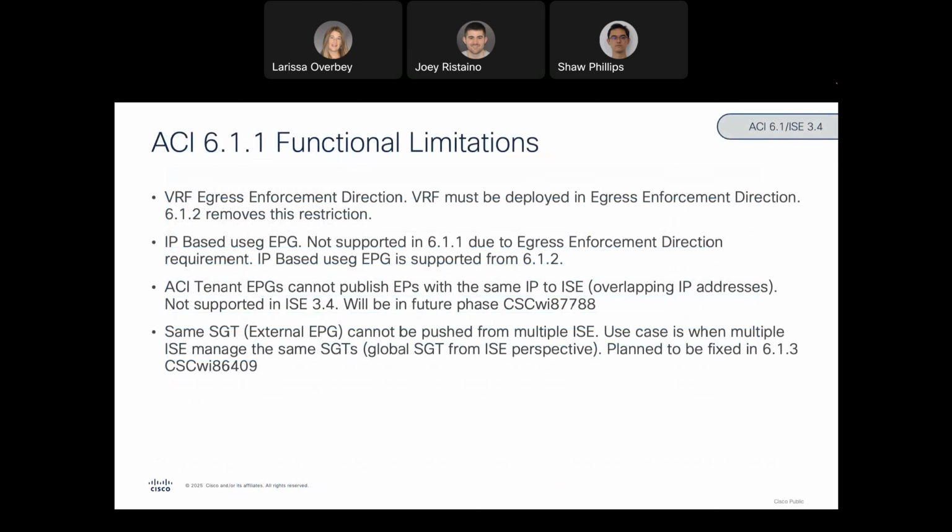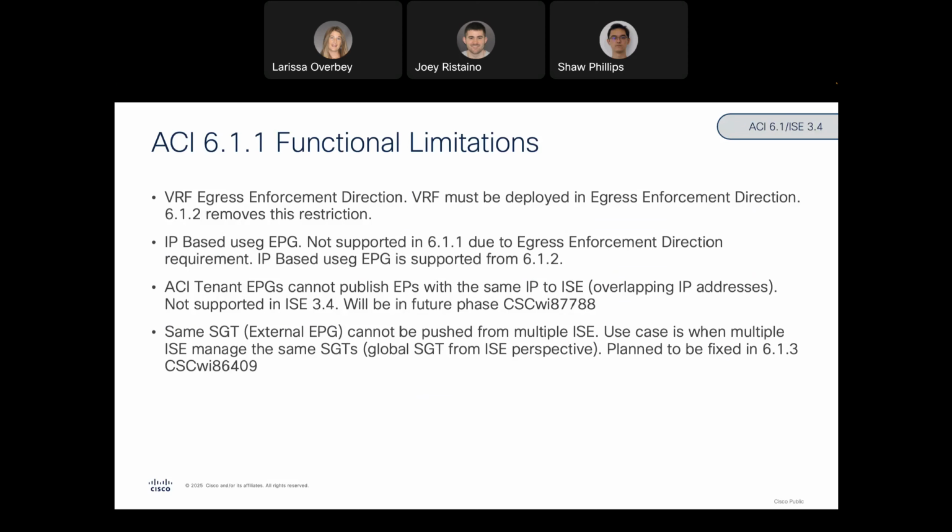And then 6.1.1, as mentioned, this was a beta, so there are some limitations. You have to enforce the VRF in the egress direction, as I had just shared previously. 6.1.2, this isn't necessary.